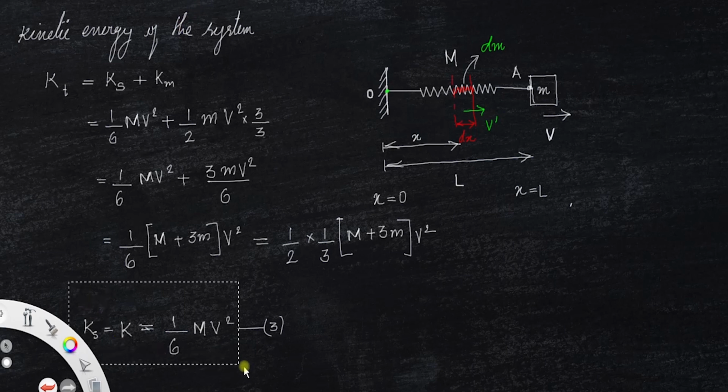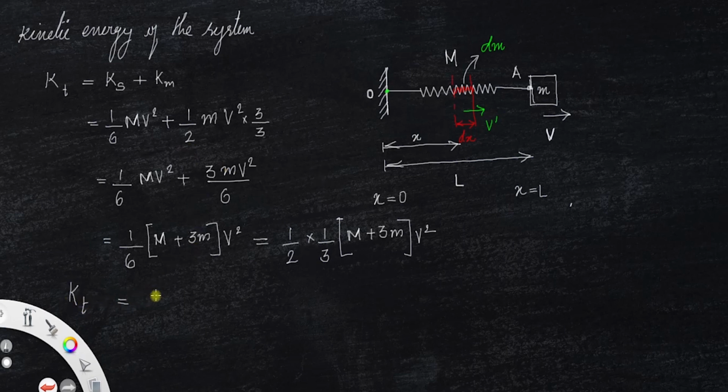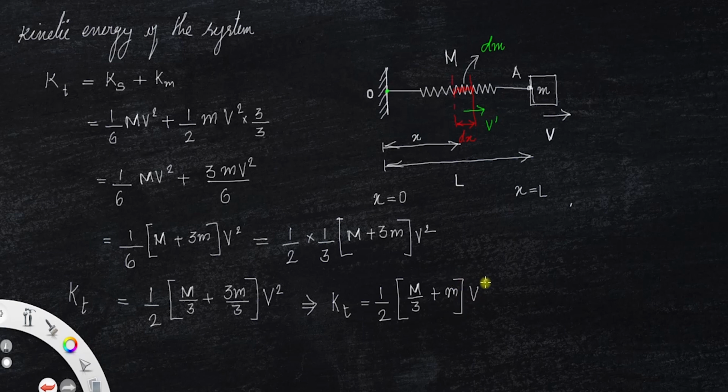And if you take the 1 by 3 into the brackets, you will get the total kinetic energy is equal to half, m by 3 plus 3m divided by 3, v square. So the total kinetic energy is equal to half, m by 3 plus m, into v square. So this is the total kinetic energy.